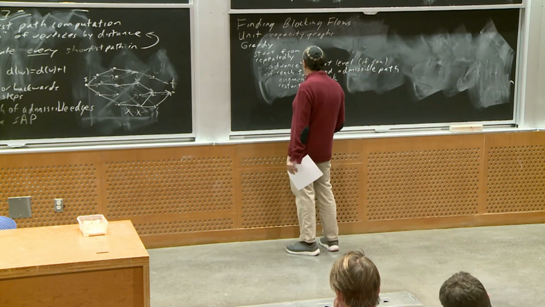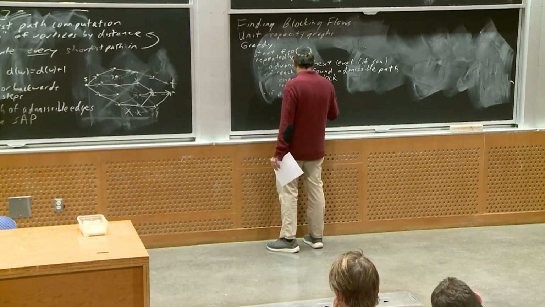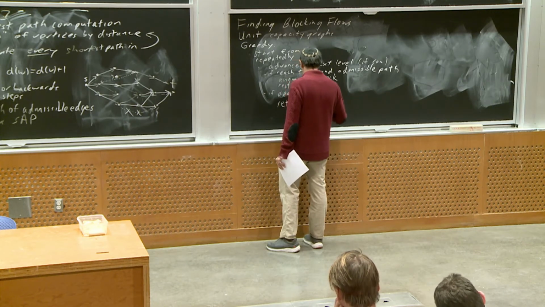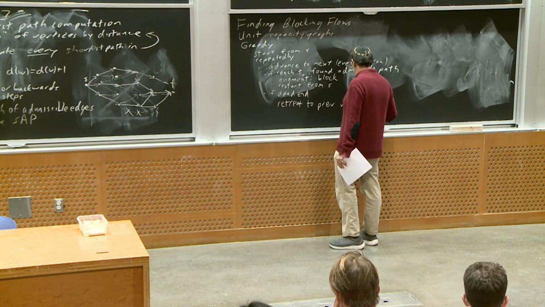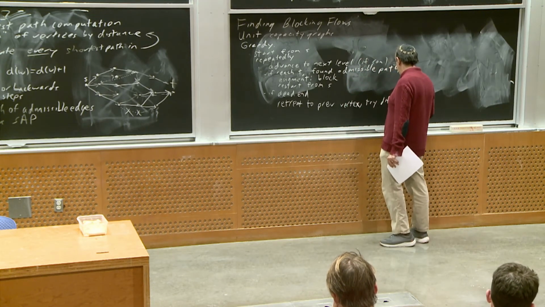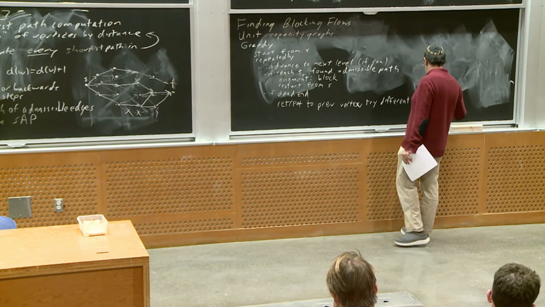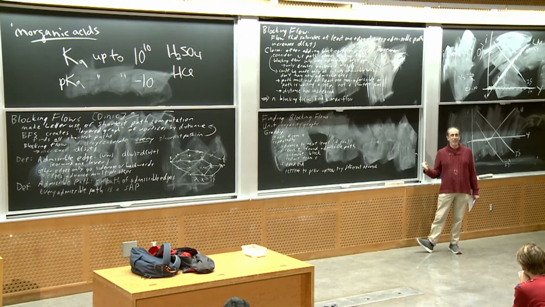The other possibility, though, is if I hit a dead end, then I'm going to retreat to the previous vertex on the path and try a different advance. Now, of course, the previous vertex might also have no outgoing edges left, and so I might have to retreat several steps, right?